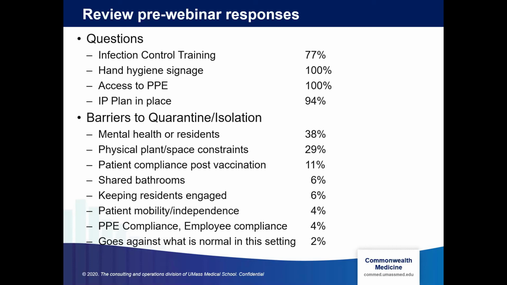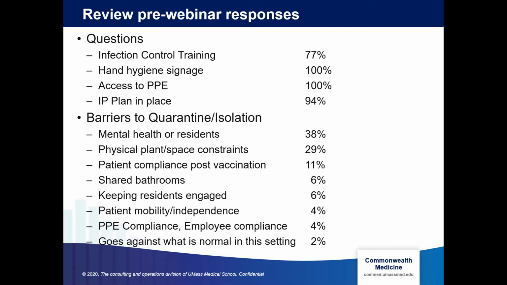Now, some of the barriers, which didn't surprise us: the leading response to barriers to quarantine or isolation is the mental health state of the residents and the challenges there, or your physical plant and space constraints was a big issue. Patient compliance post-vaccination. Many people think because they've had complete vaccination, they no longer have to do any infection prevention measures.